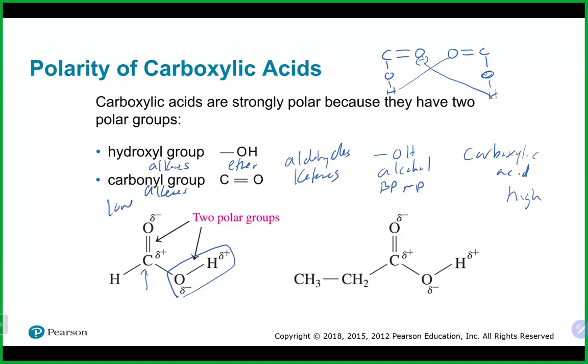These guys are on the low end of melting points, boiling points, and freezing points because they cannot hydrogen bond. Alcohols could pretty much beat everybody except for the carboxylic acid because it has these two really polar groups. And because of that, when it bonds with itself, it's going to stay together really tightly, and it's going to take a lot more energy to break them apart to get them into the gas phase. That is when it happens at the boiling point, and it's going to be a higher boiling point temperature.